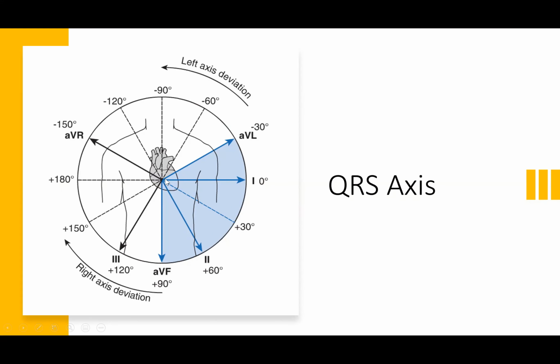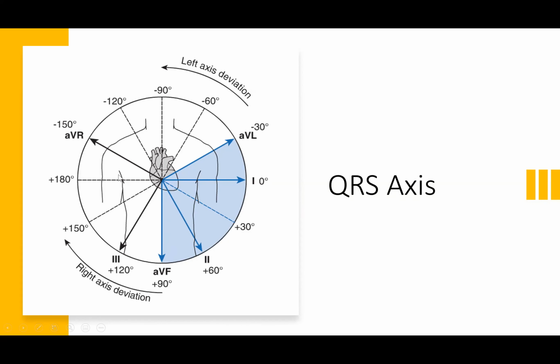An important concept to remember is that each lead has a perpendicular, meaning one lead that is 90 degrees away from it. The perpendicular lead to lead 1 is AVF. Why? Because lead 1 is at 0 and AVF is at 90, okay? And so on: AVL with 2, and 3 with AVR.